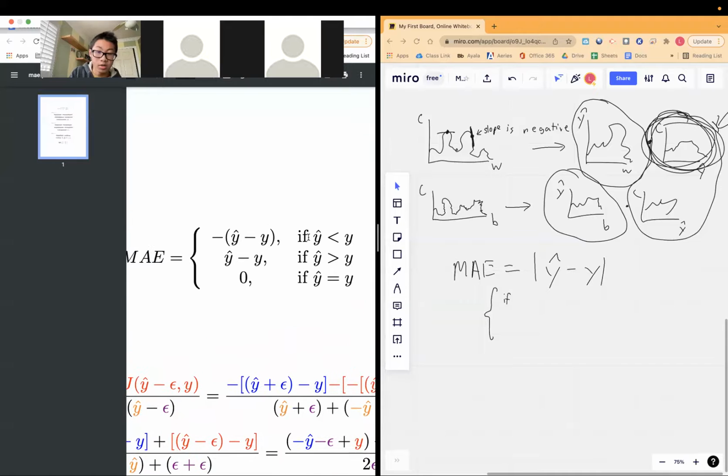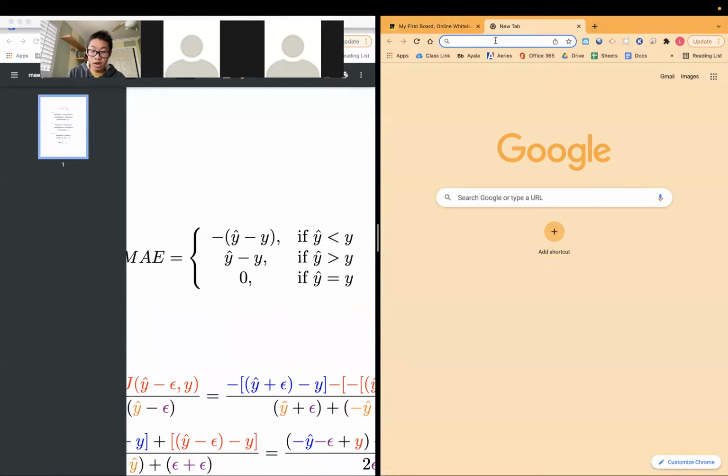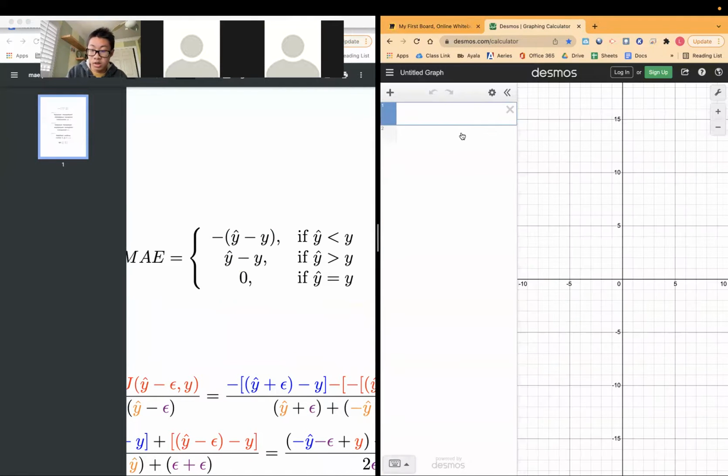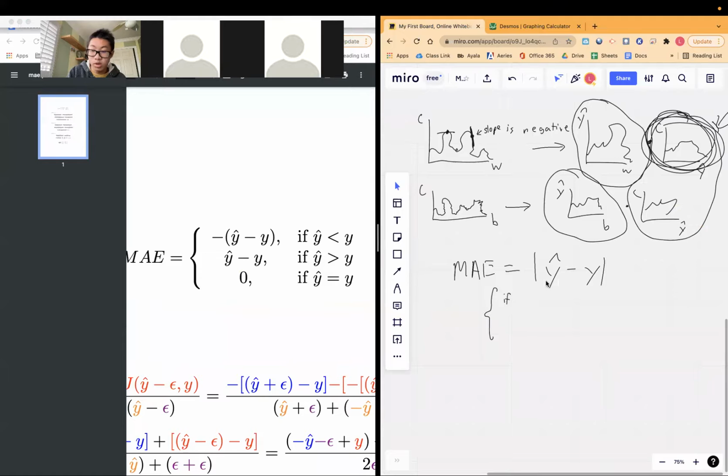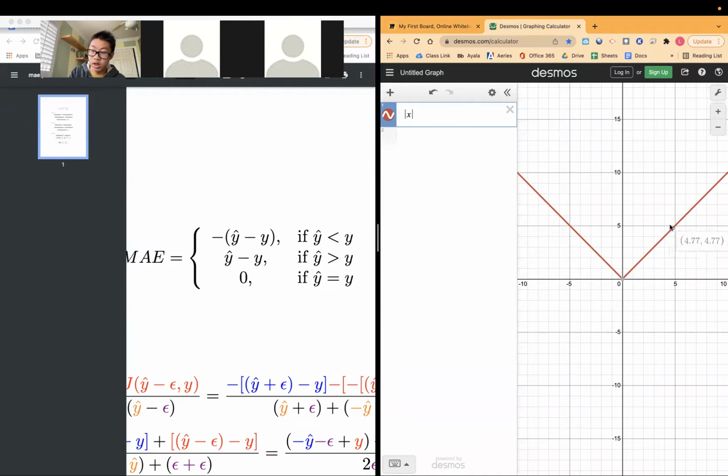If y hat is greater than y, then if you look at a graph of an absolute value function, any input greater than 0 gives a positive input, and by the absolute value function that equals the same amount. So if you input a 5, it's a 5.